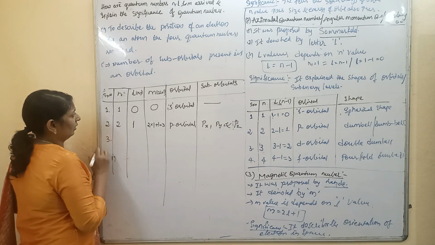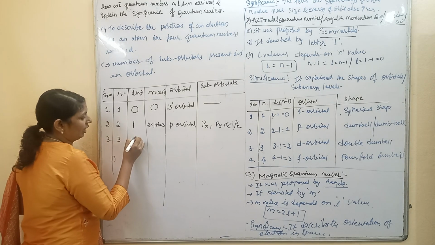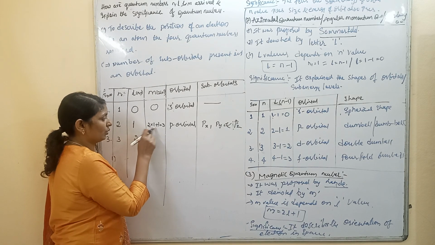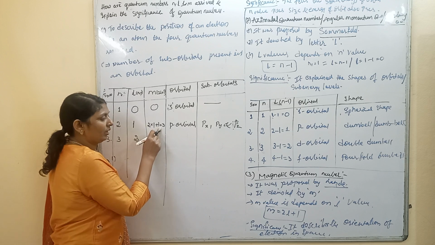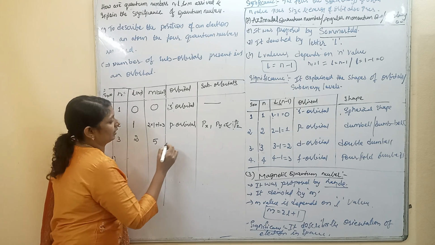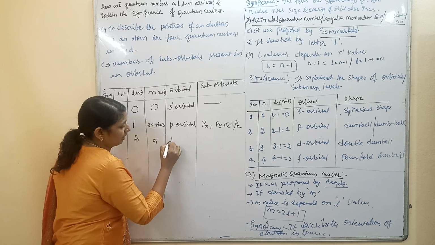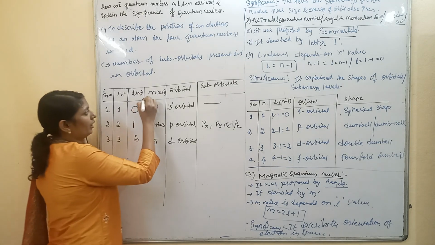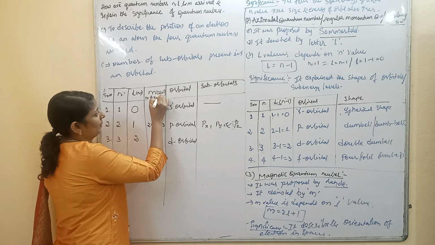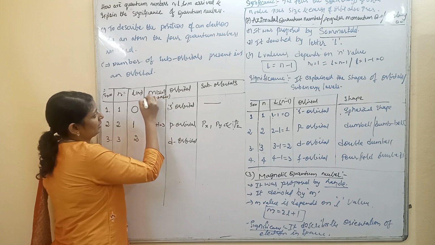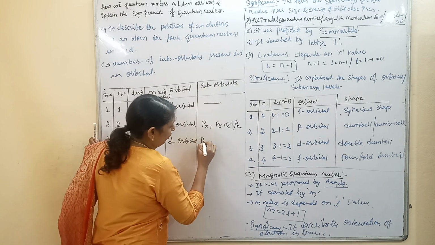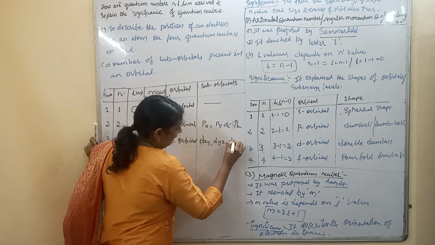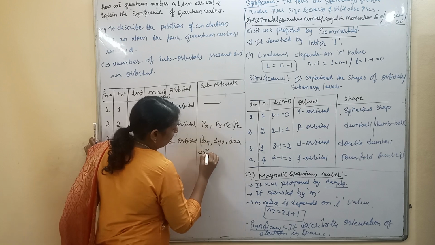Next, third one, if n value is 3, l value automatically becomes 2. 2 into 2 is 4, 4 plus 1 is 5. So the value is 5. Here the d orbital comes. It represents the number of suborbitals: dxy, dyz, dzx, and dx square minus y square.